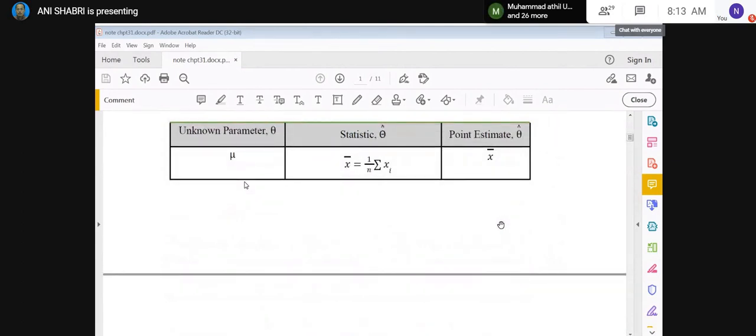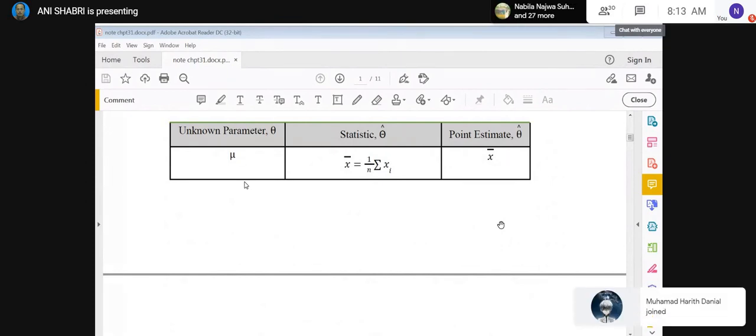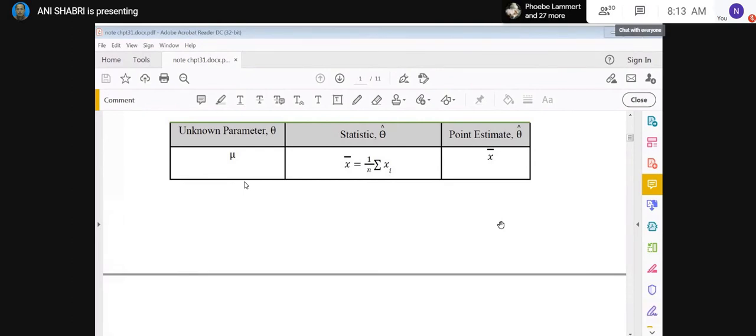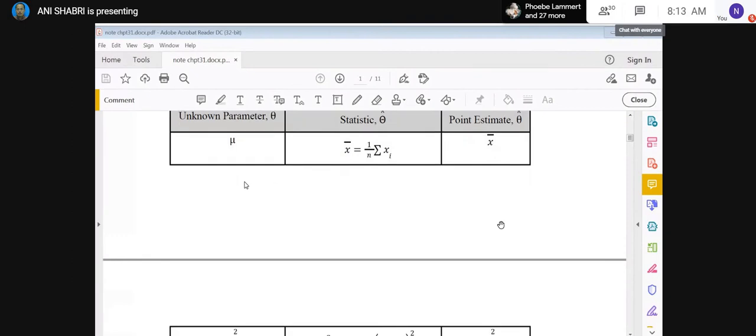Parameter mu, statistic x bar equals 1 over n summation of xi, point estimate x bar.